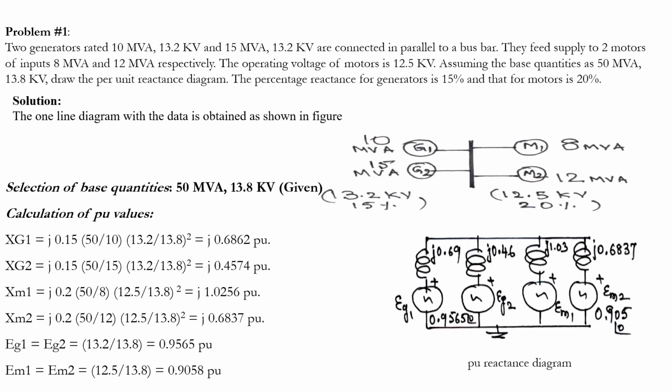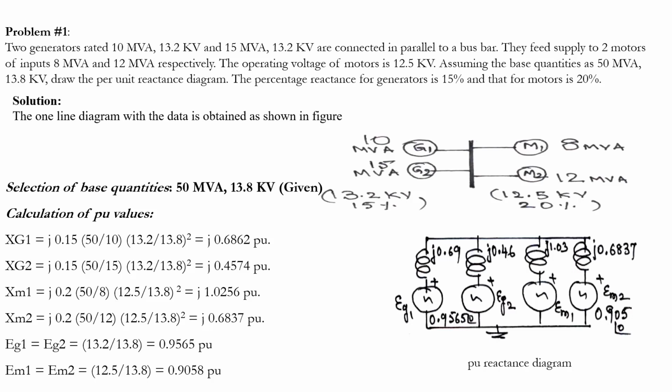Now let us see one problem and draw the reactance diagram. The problem is: there are two generators rated 10 MVA 13.2 kV and 15 MVA 13.2 kV connected in parallel to a bus bar. They feed supply to two motors of input 8 MVA and 12 MVA respectively.